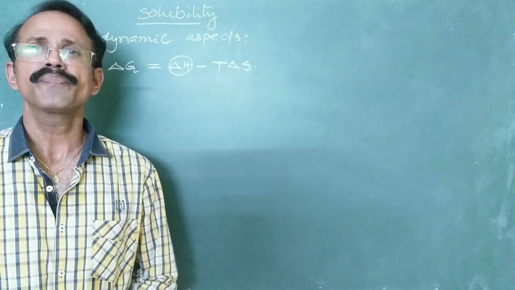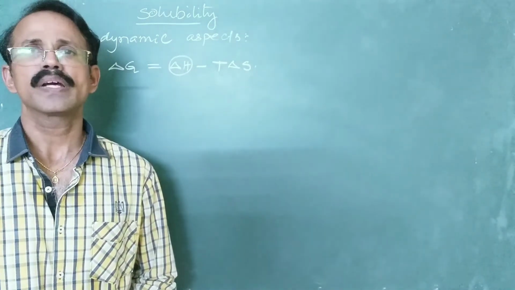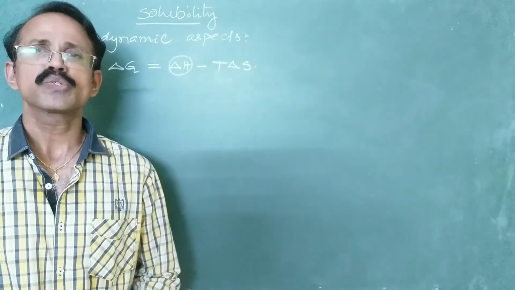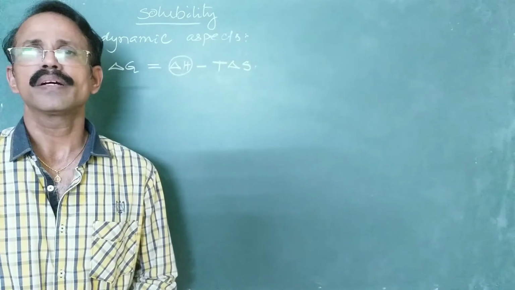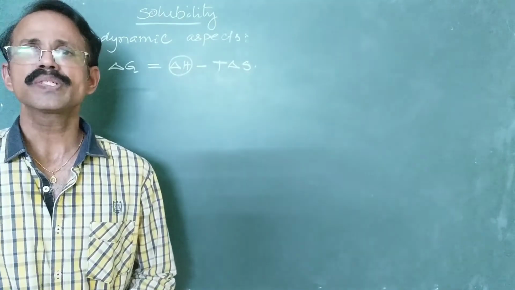Delta G negative, or decrease in Gibbs energy, right? So the formation of solution may be exothermic or endothermic, but it can be spontaneous provided that delta G is negative, right?